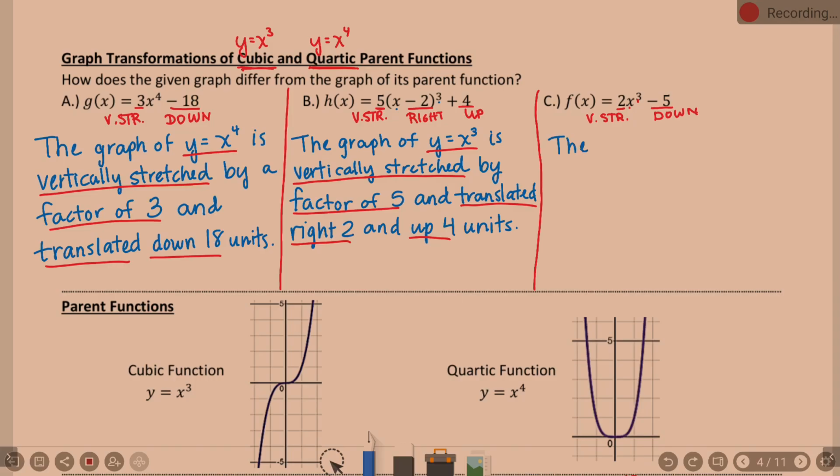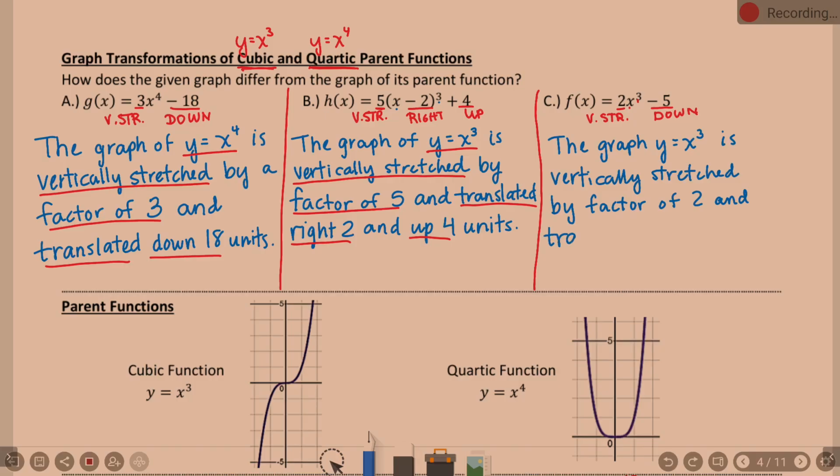So the graph or function, y equals x to the third, is vertically stretched by a factor of 2 and translated down 5 units.